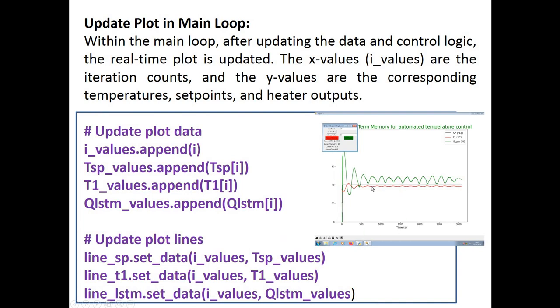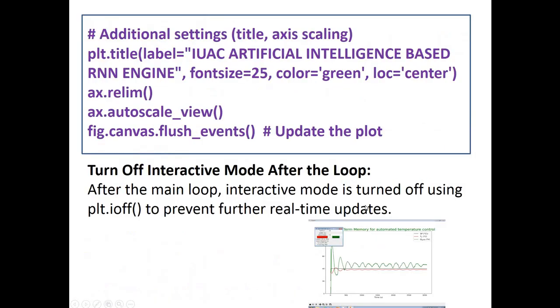And every second it gets updated to the screen. These three values, SP, T1 and QLSTM. The additional lines are nothing but some labels you have created for the title, etc.